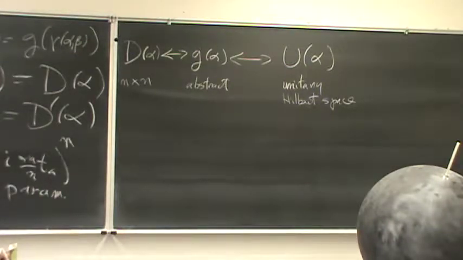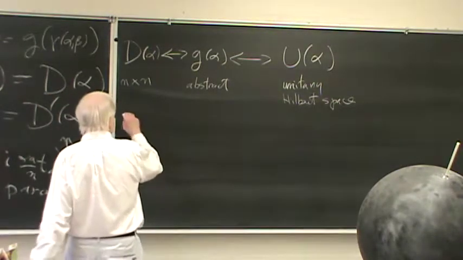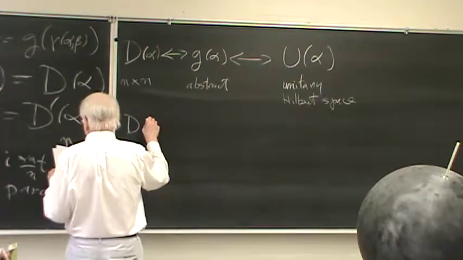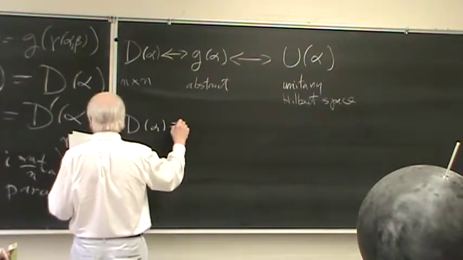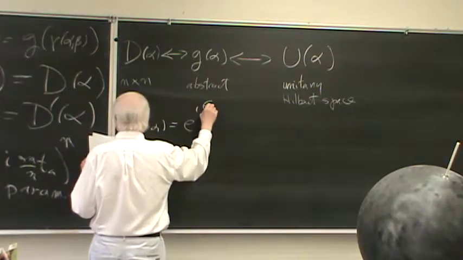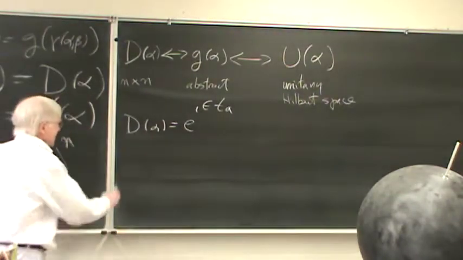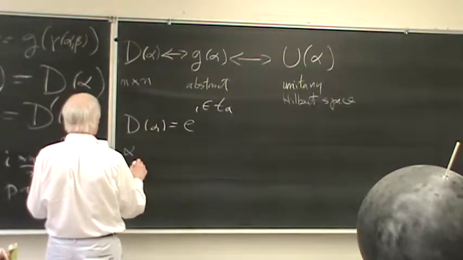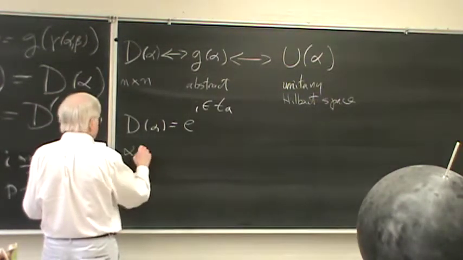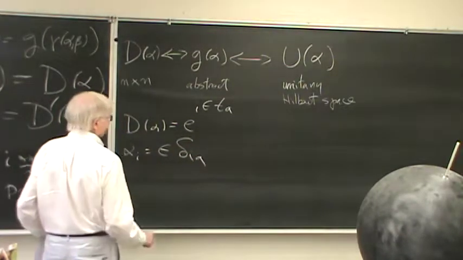Anyway, we can consider special cases of these formulas, in particular where we just have a single group, a single generator. So we might have D of alpha as e to the i epsilon T_A. So in other words, we choose the alphas so that alpha sub i, say, is epsilon delta_iA.